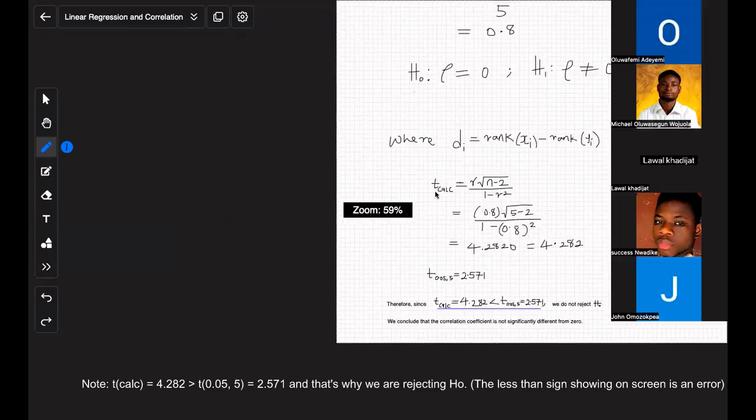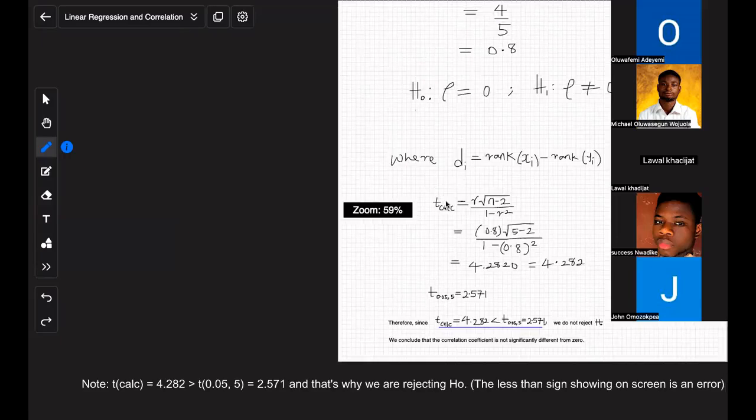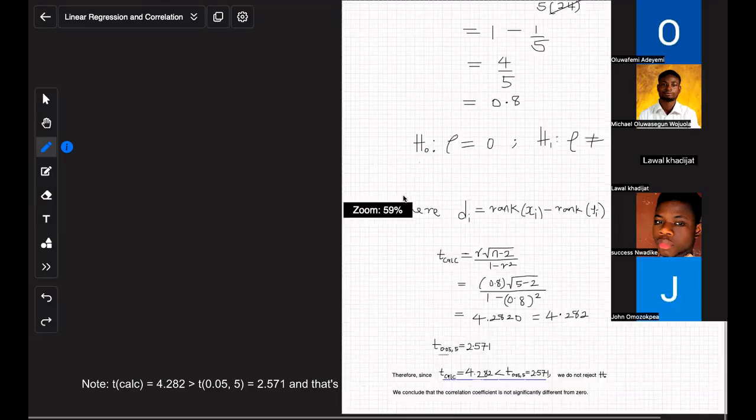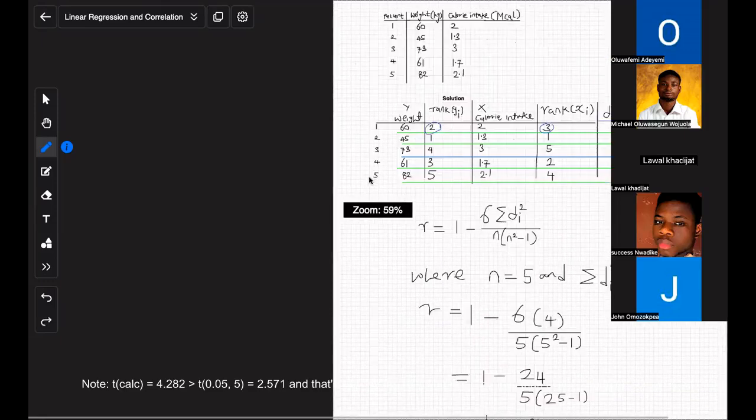We have a formula already, and when we fix our values of R and N into it, we get 4.2820. We have a table value. I explained in the previous video how to obtain the table value. The table value here is at 0.05, with 5 coming from the number of observations in the sample.